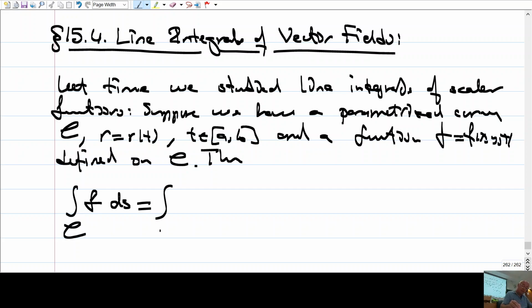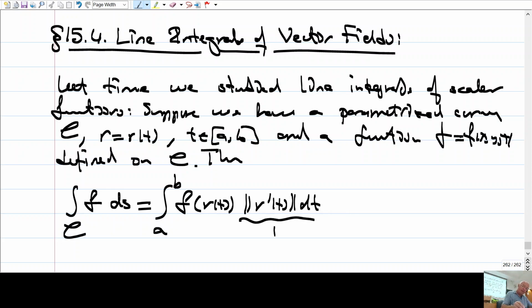This is just the integral from a to b, f of r(t), and then ds is just the norm of r prime t dt. So this is our ds.